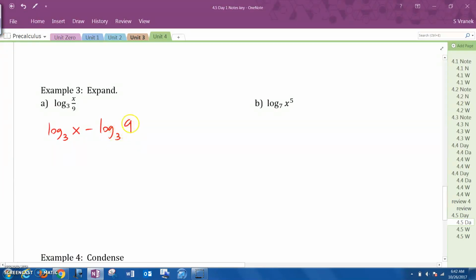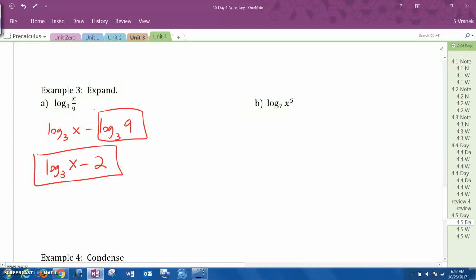Well, if you square 3, you get to 9, so that turns into just a 2. Here, the only thing we can really do with this is bring the 5 down. When you expand, we want the coefficients in front. We don't want powers. And that's it. We can't do anything else there.